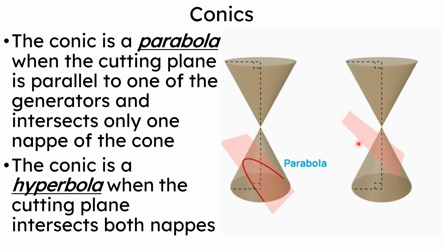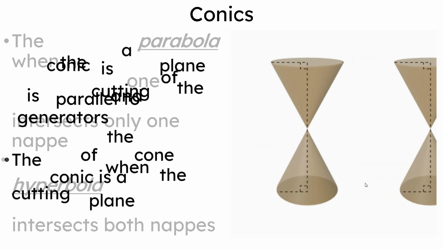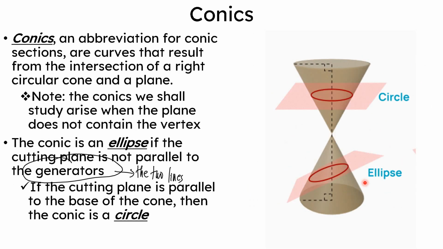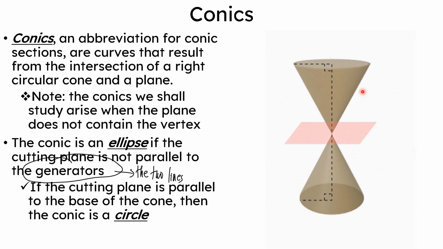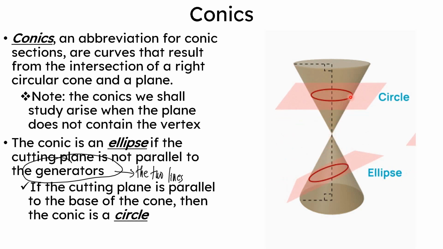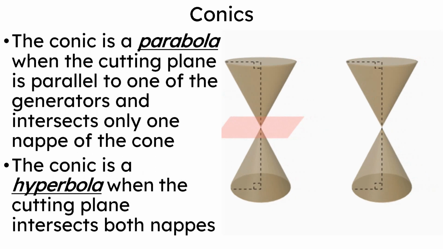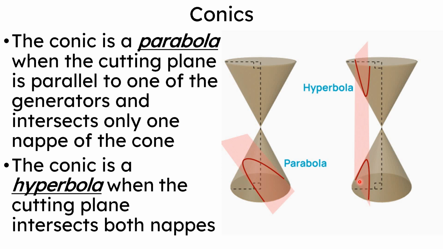If both nappes, it's called a hyperbola. So again, the conic sections that we have would be an ellipse, and a circle is a special type of ellipse. Then we would have your parabola, and then a hyperbola.